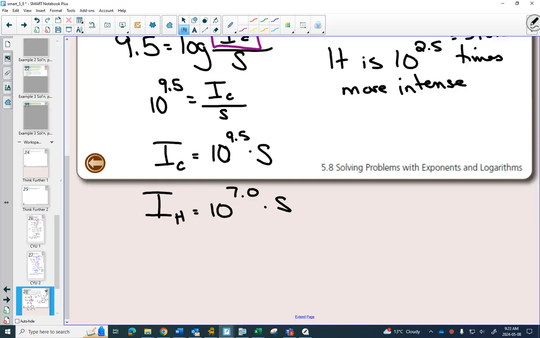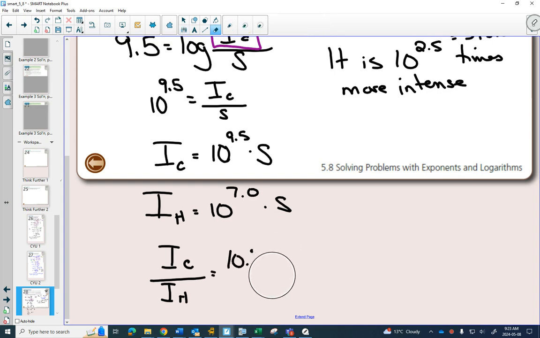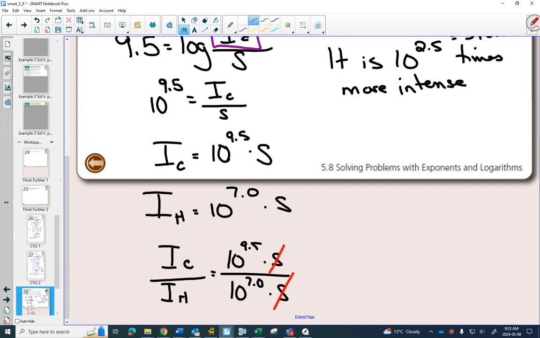So if we took the intensity of Chile and divided it by the intensity of Haiti, you would get 10 to the power of 9.5 times S over 10 to the power of 7.0 times S. Can you see that your S's simplify and go away? And then you just have 10 to the 9.5 divided by 10 to the 7. You have an exponent law. If my bases are the same, what can I do with my exponents? Subtract. And we get the exact same answer.